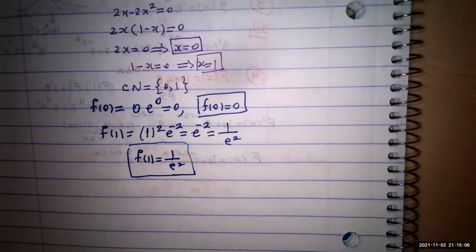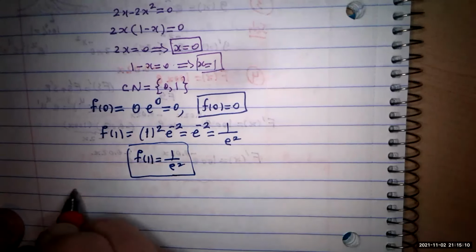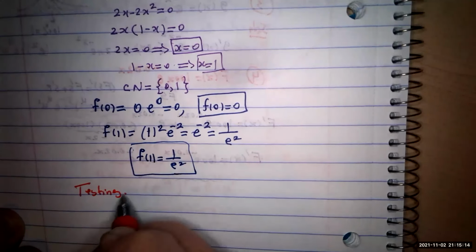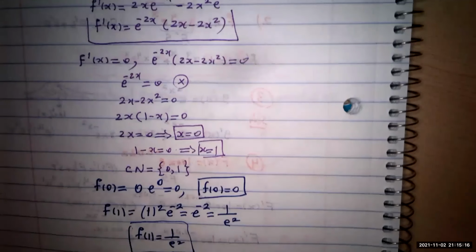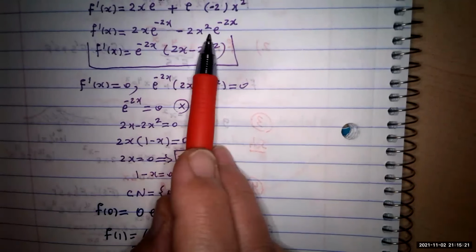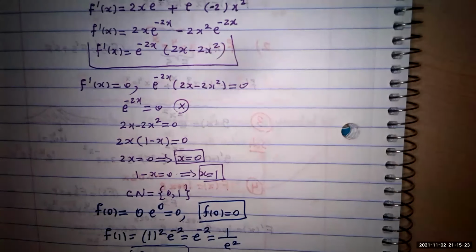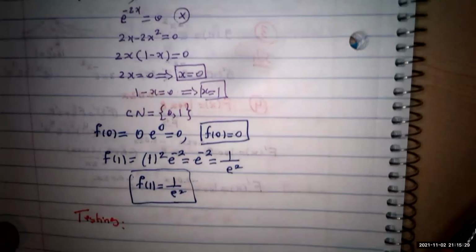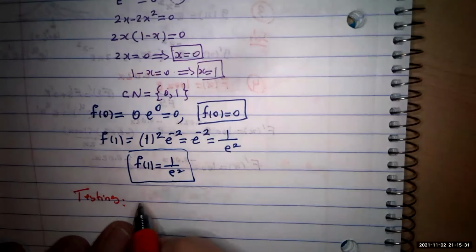So now, testing. You have to decide how we're going to test it. Look at your f prime. This is your f prime. You have two choices: first derivative test or second derivative test. You just look at your f prime to see which one you are going to use.